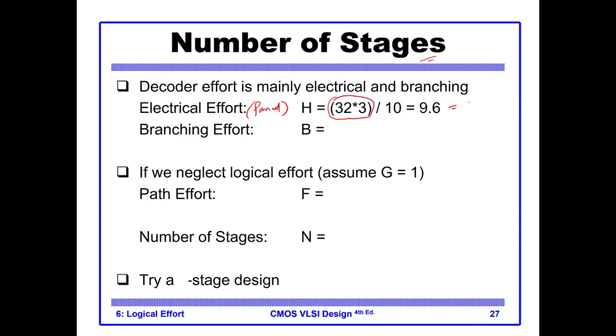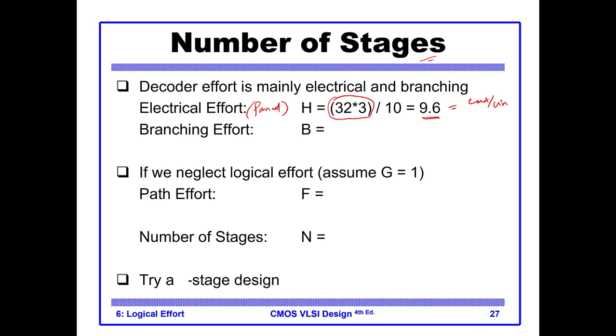So this is basically C out by C in of the whole circuit. C out of the whole circuit is 96, divided by C in of the whole circuit, which is 10. So we get a value of 9.6.